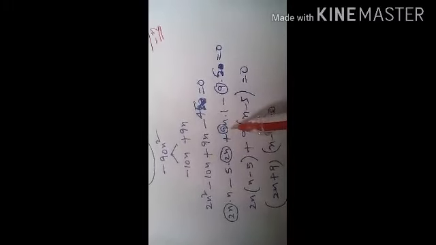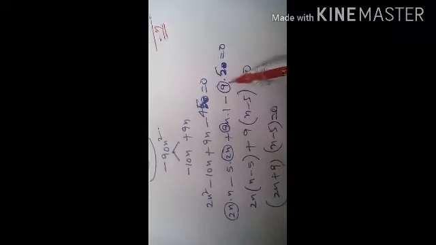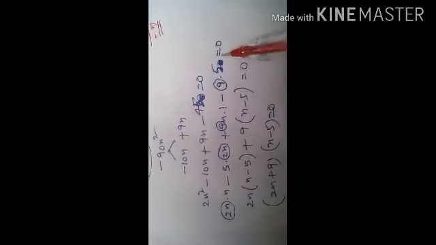So we can write like this: 2n square minus 10n plus 9n minus 45 is equal to 0. 2n square can be written as 2n into n. 10n can be written as 5 into 2n. 9n can be written as 9 into n. 45 is 9 into 5. So we can take common 2n, the remaining term is n minus 5. We can take common 9, 9 into n minus 5 is equal to 0.